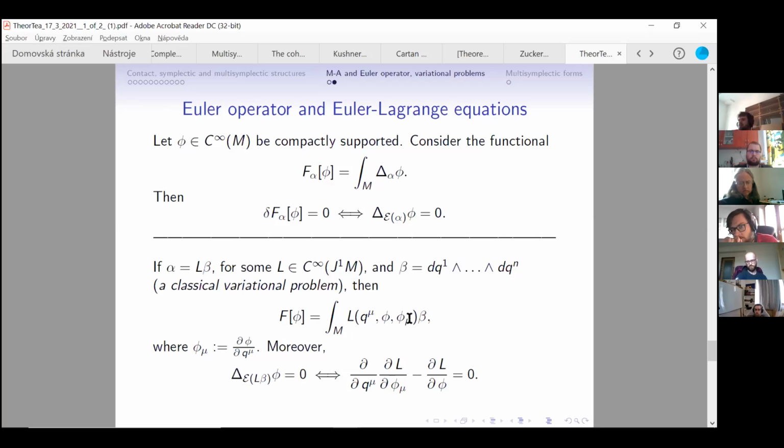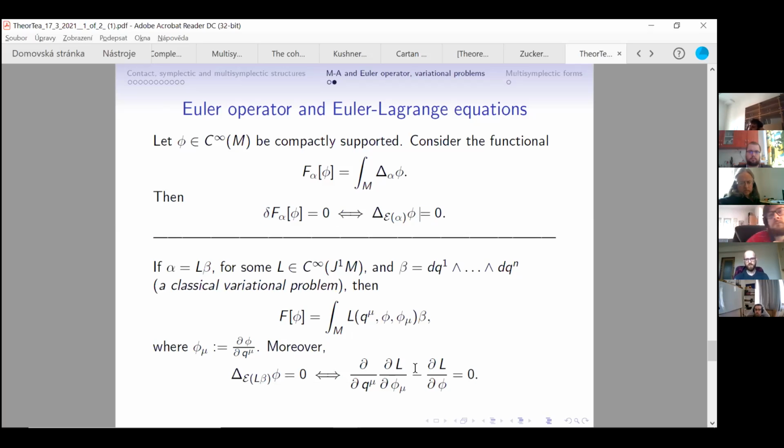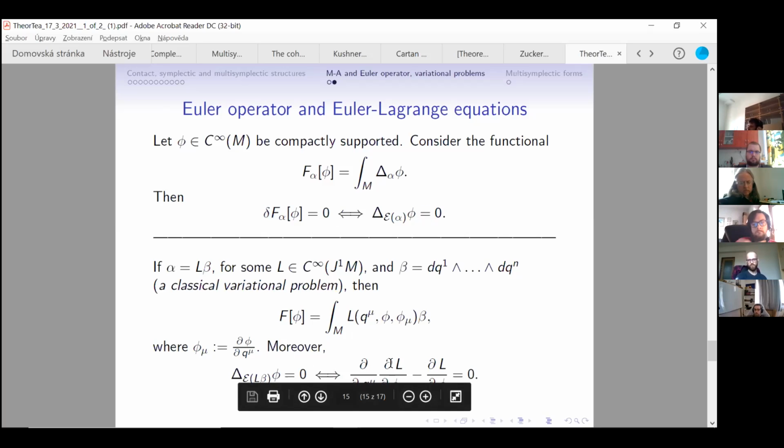So this is like a first order Lagrangian. And if we rewrite this equivalence in coordinates, then we get exactly the standard form of the Euler-Lagrange equation. We have just one equation because one field. Euler-Lagrange equation in the coordinate form. So E satisfies this.